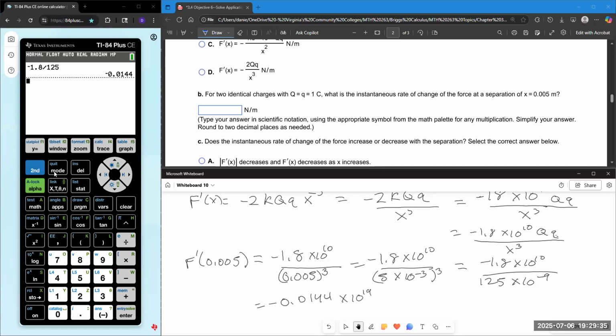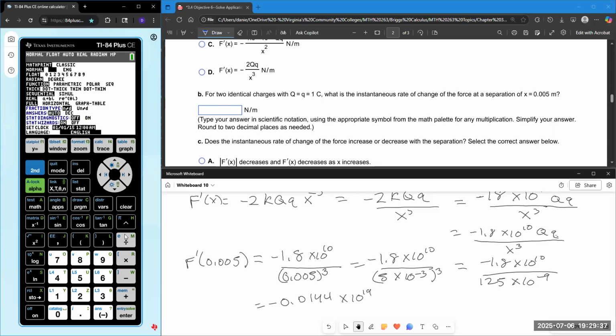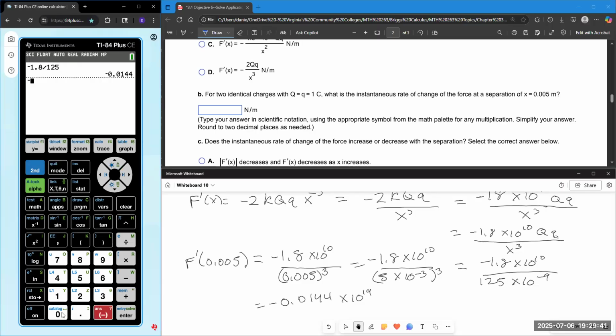And let's make my calculator give that to me in correct scientific notation. It's going to be negative 1.44 times 10 to the 17th power.